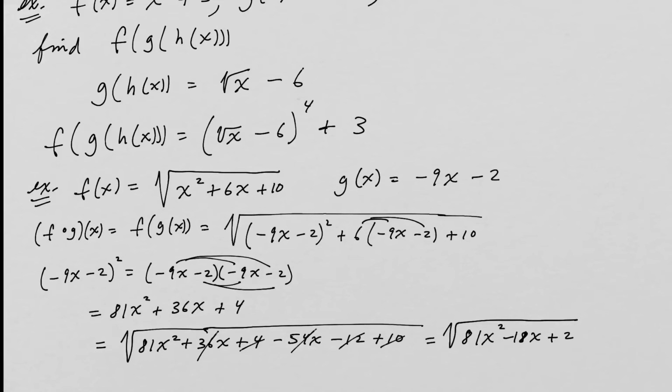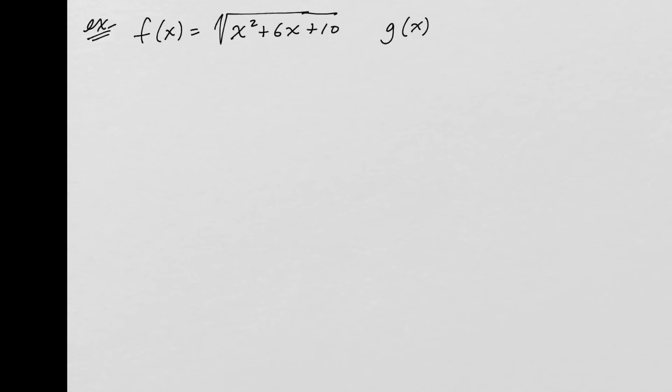What if I wanted to find, so using the same functions, so remember f of x was square root of x squared plus 6x plus 10, and then g of x was negative 9x minus 2.